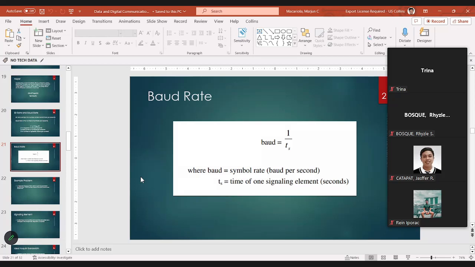In ASK, FSK, and PSK, there are ways to easily identify what baud rate is being identified. Later we'll discuss how to determine the baud rate and input bit rate of ASK and FSK. Next week is PSK.